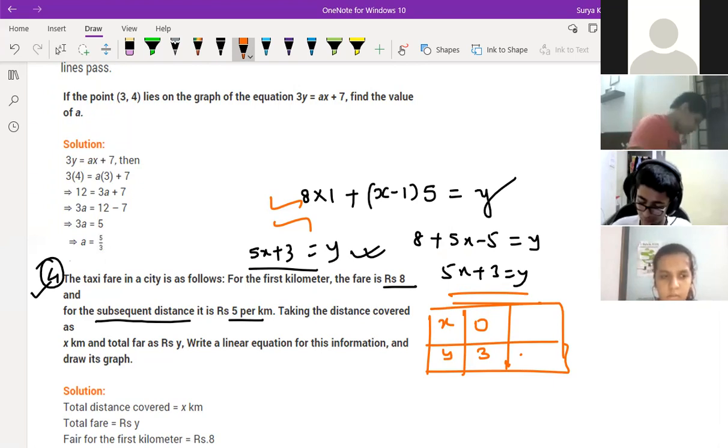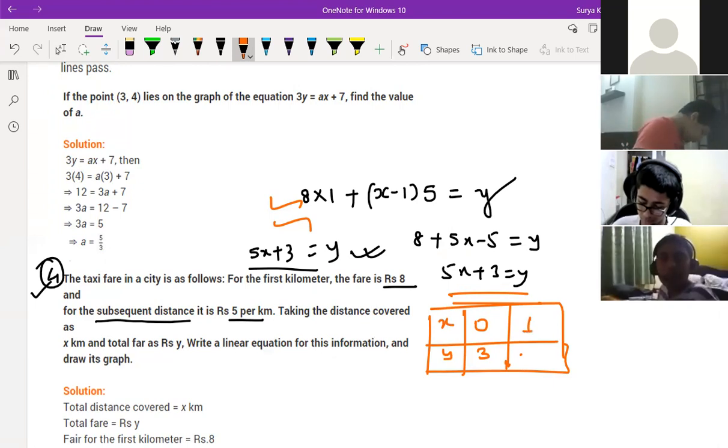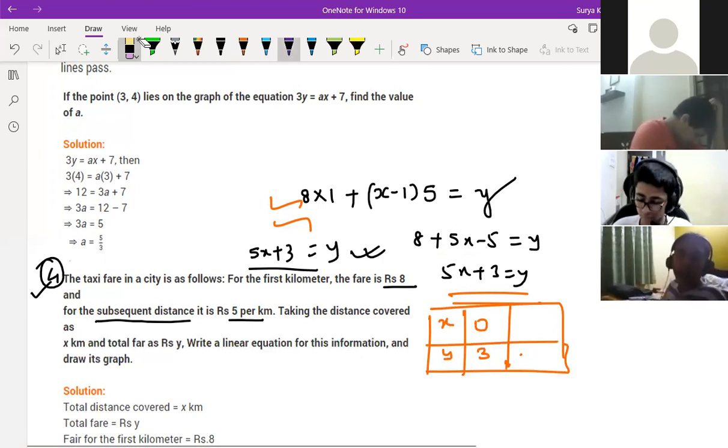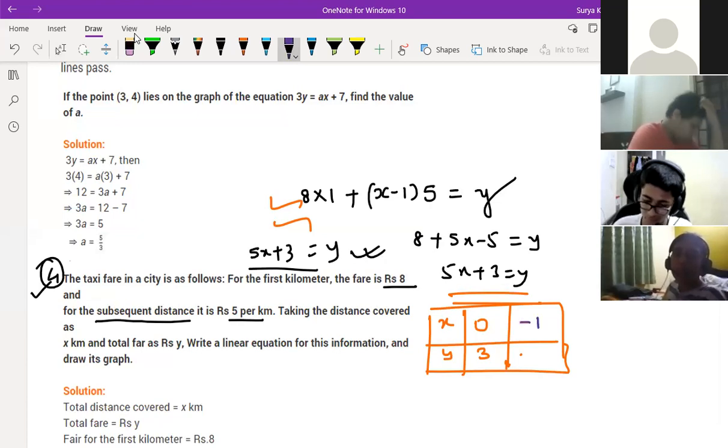X is equal to 1, that also you can take. Then y is equal to 8. Fine, this also you can take if you want. Or small values also you can take. If x is equal to minus 1, then y is equal to what? Minus 2, correct?